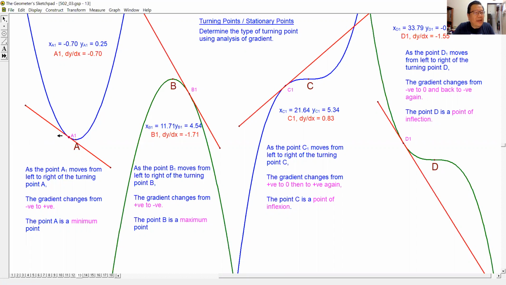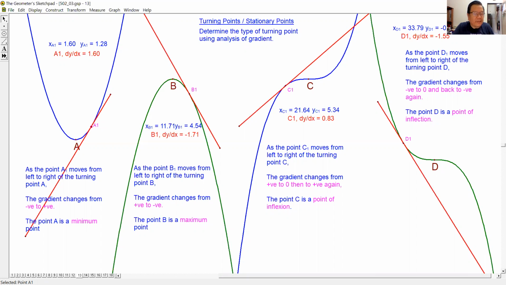Now, at the same time, we also know that as the gradient changes from negative to 0 then to positive, it means that the gradient is increasing. So the rate is positive.